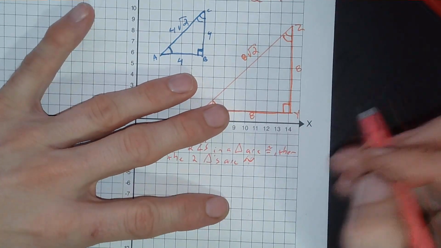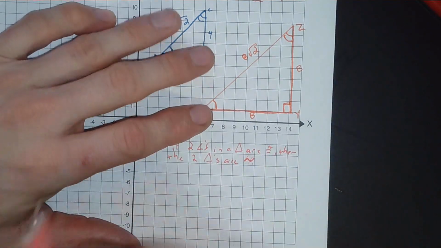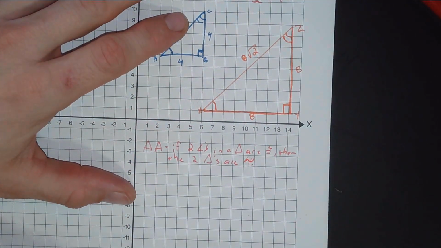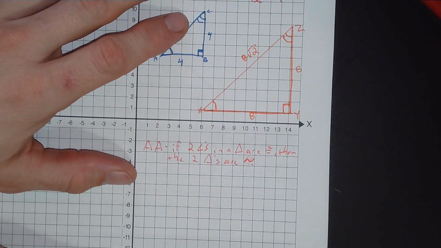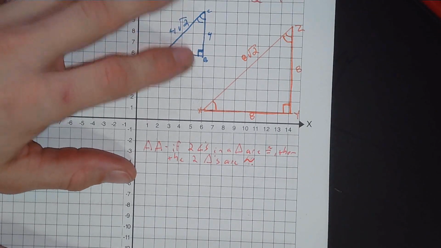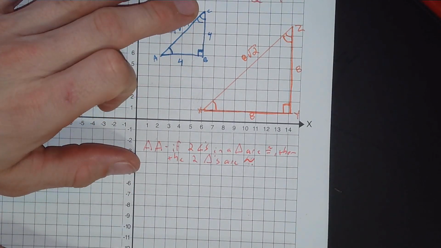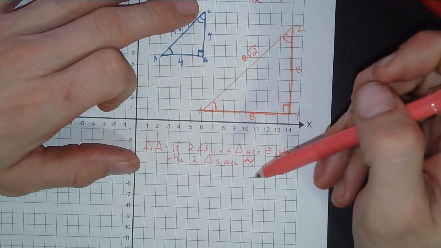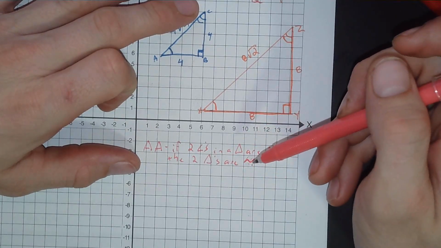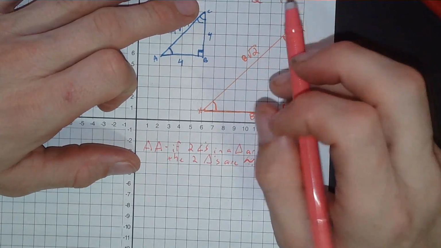So that might not be immediately intuitive, right? But if you think about it, we don't need the line segments to be all the same length for two triangles to be similar. Just all the angles need to be equal.